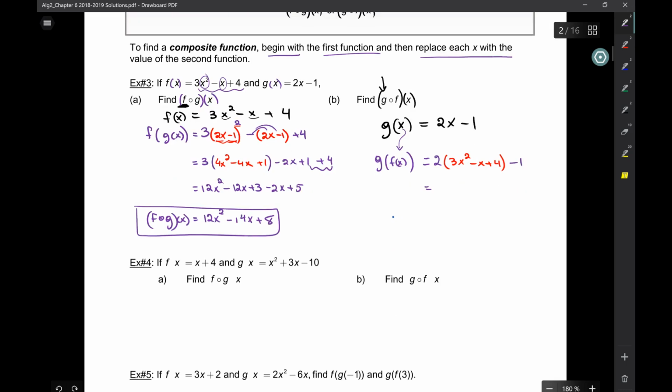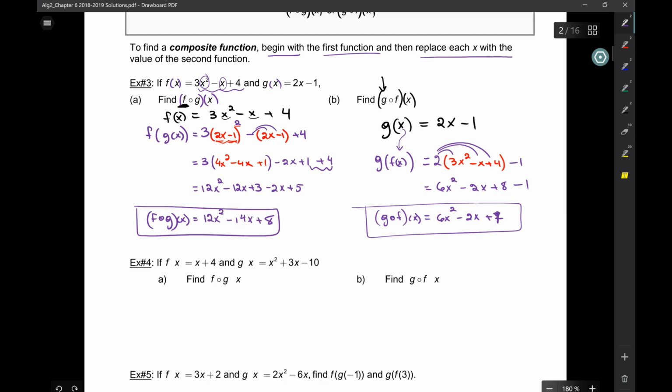Okay? So, distribute: 6x squared minus 2x plus 8 minus 1. So g of f of x is equal to 6x squared minus 2x plus 7.